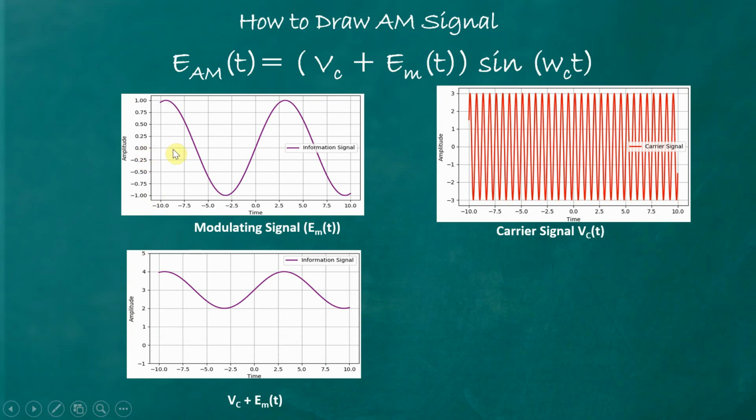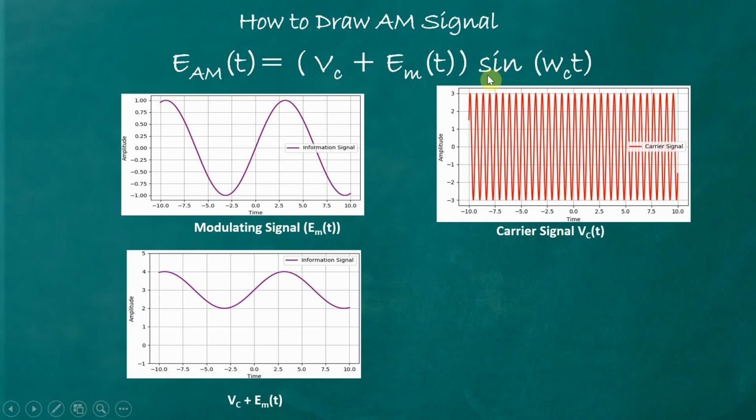This signal which was originated at 0 level is now clamped at value Vc. Vc is the peak amplitude of the carrier, which is 3. So now this signal is centered at level 3, as we can see in the waveform. So Vc plus em(t) is nothing but the modulating signal clamped at level Vc, nothing else.